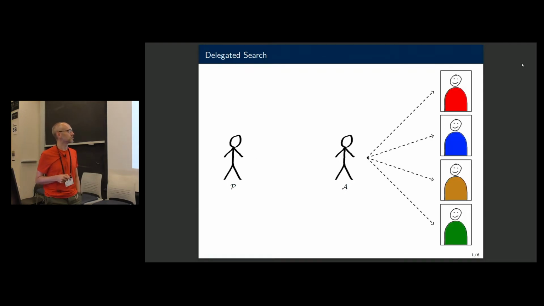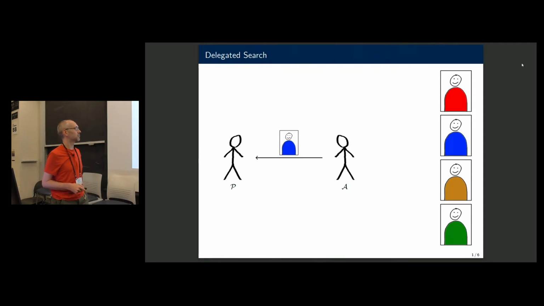The agent searches through the options, looks at each possible candidate, and then proposes one to the principal, and the principal sees the candidate and says yes or no. So we're in the rank 1 matroid case, as Schecker mentioned earlier. Here we have n possible choices that we could take, and the agent proposes one to us, and then the principal decides. Okay, so that's the standard model.